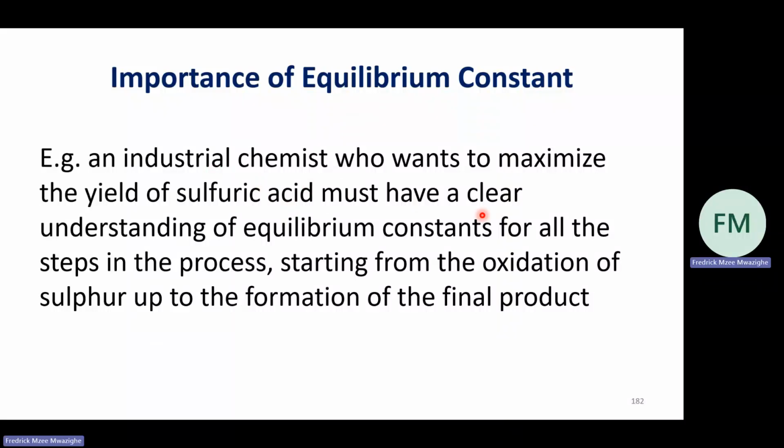The industrial chemist must have a clear understanding of the equilibrium constants for all the steps in the process, because in the production of sulfuric acid there are several reactions which are reversible, and these reactions have equilibrium constants. So it's very important for the industrial chemist to understand the equilibrium constant for all these steps, starting from the oxidation of sulfur all the way to the formation of sulfuric acid.